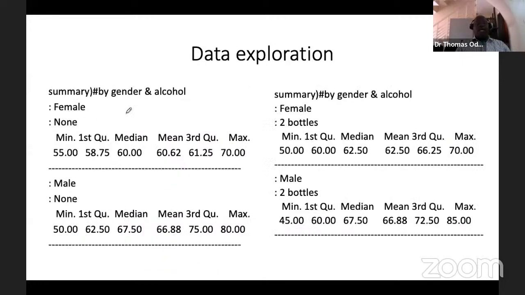Okay, so here, if we look at gender by alcohol, it's still the same thing. Female, none, 60, 60, 60, 62. With 2 bottles, the female seems to end up with the median slightly better. So if the female has taken 2 bottles, they seem to have a slightly better choice than if they did not take anything. So it seems to have some small effect there. And then for the male, none versus 2 bottles, similar thing.